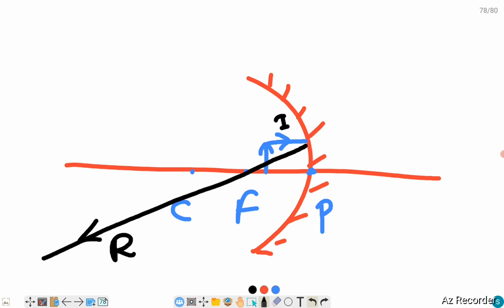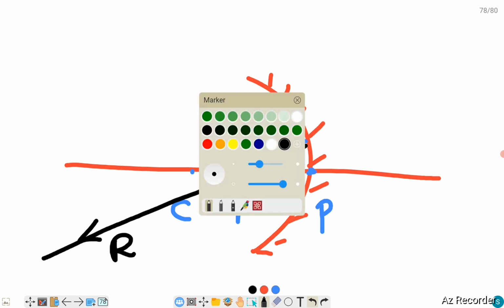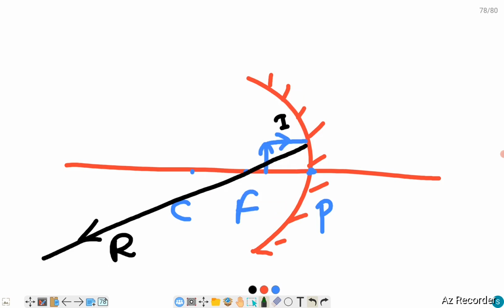And then what is the next incident ray I have to take? First I have to check the point which is in front of the object, that is the pole. Let me take the incident ray at the pole, and after reflection it will be like this.